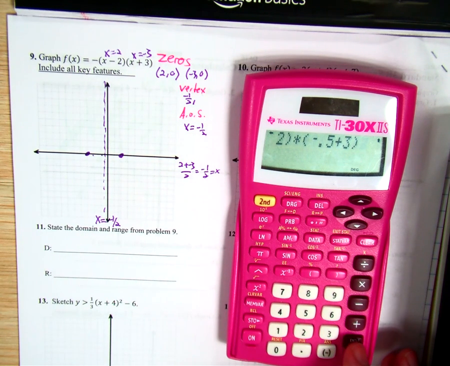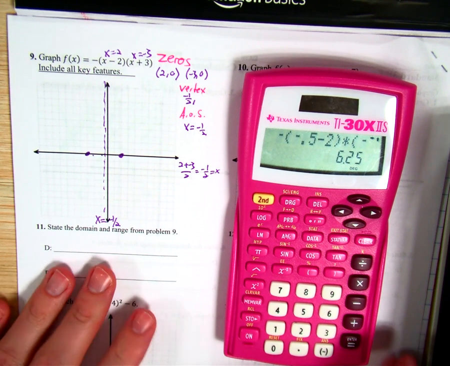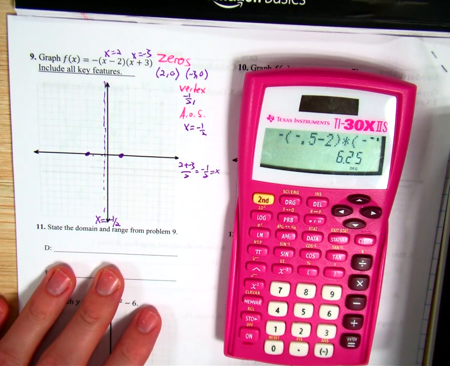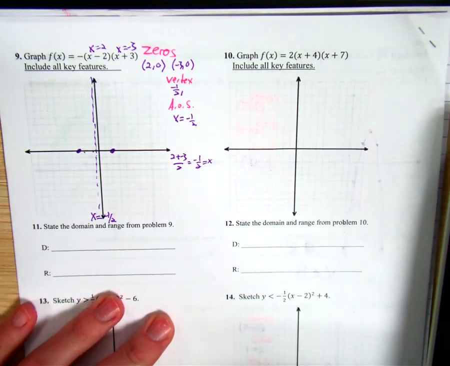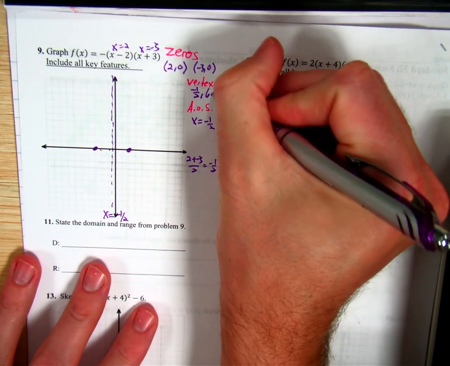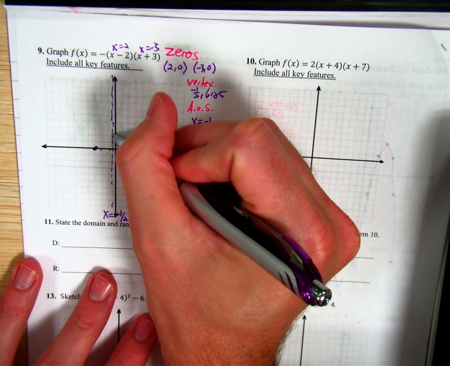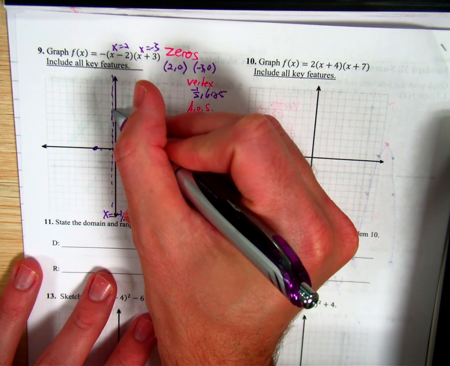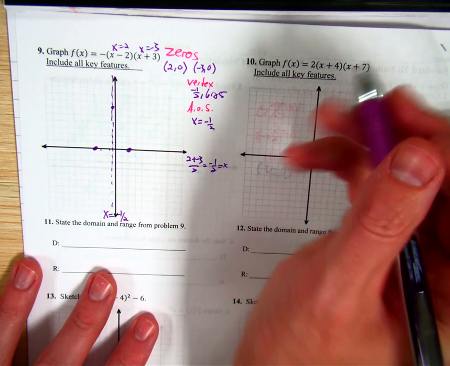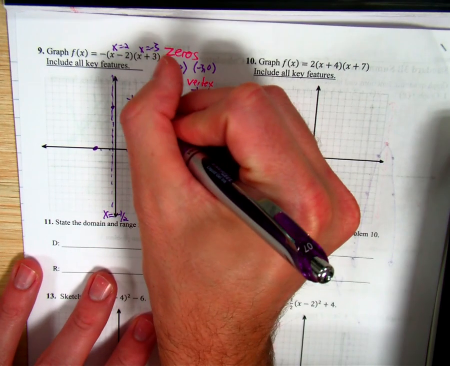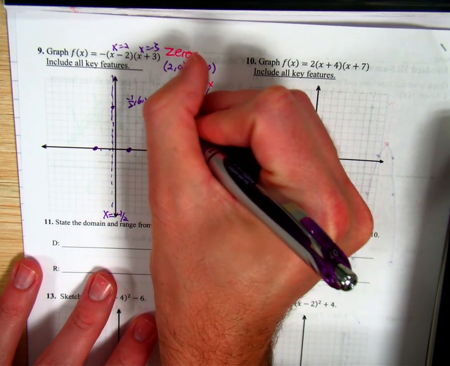We're plugging in our x to see what our y would be, 6.25. So 1, 2, 3, 4, 5, 6, and a little bit more, 6.25. Not a perfect point, so let's label it.